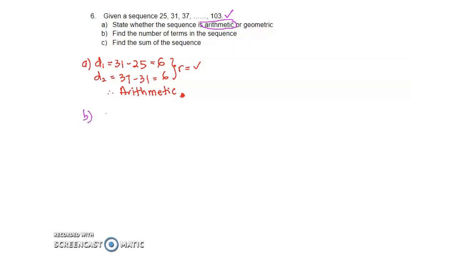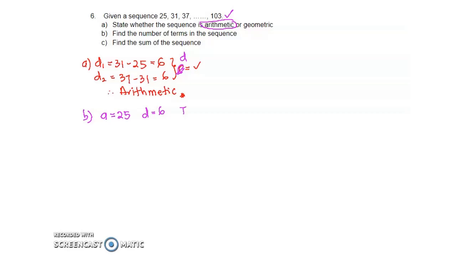We know that the first term is 25. The common difference is 6. Sorry, this one is not R. R is the common ratio. D is the common difference. So D equals 6. And we know that the last number is 103.